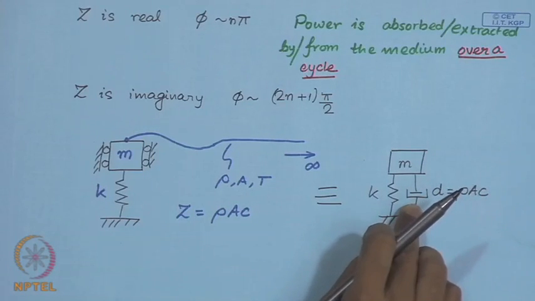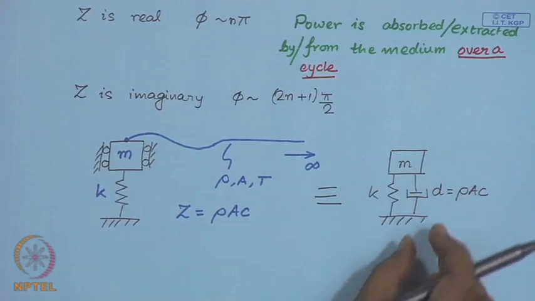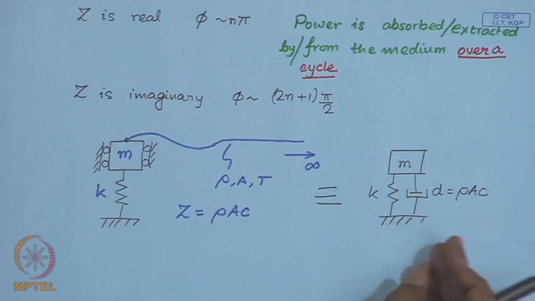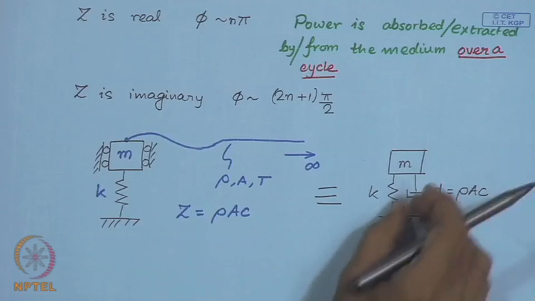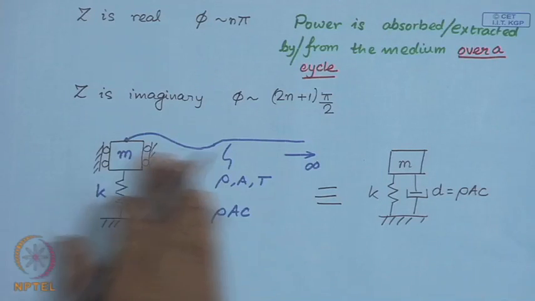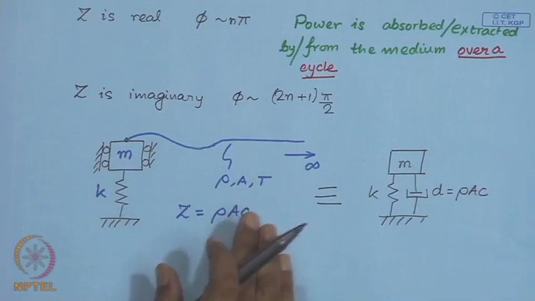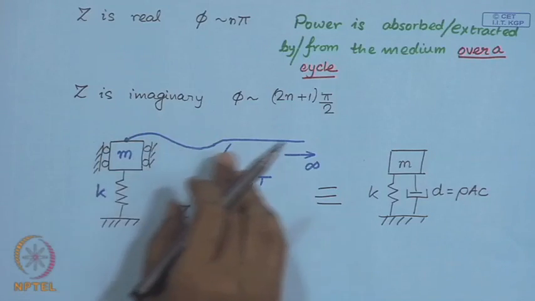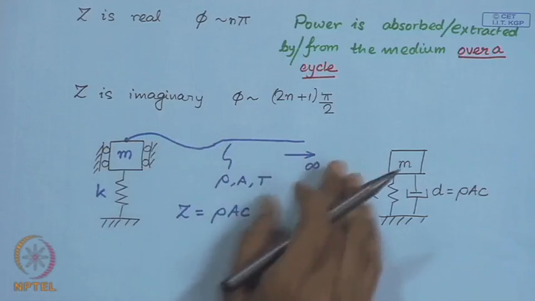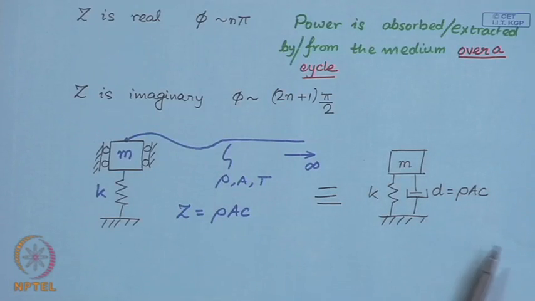Normally, when we draw a dashpot like this, it represents conversion of mechanical energy to thermal energy, it heats up the fluid inside. But here it is not conversion to thermal energy, it is converted to vibrations of the string or disturbance propagating in the string.